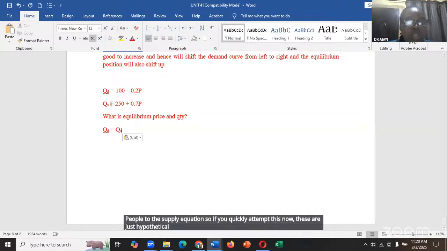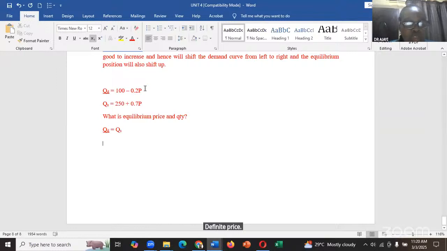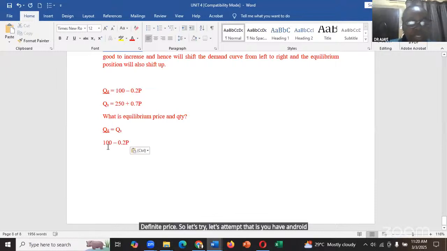It simply means you equate the demand equation with the supply equation, and once you do that, you will arrive at a definite price. So let's attempt that. That is, you have 100 minus 0.2P is equal to the supply equation.